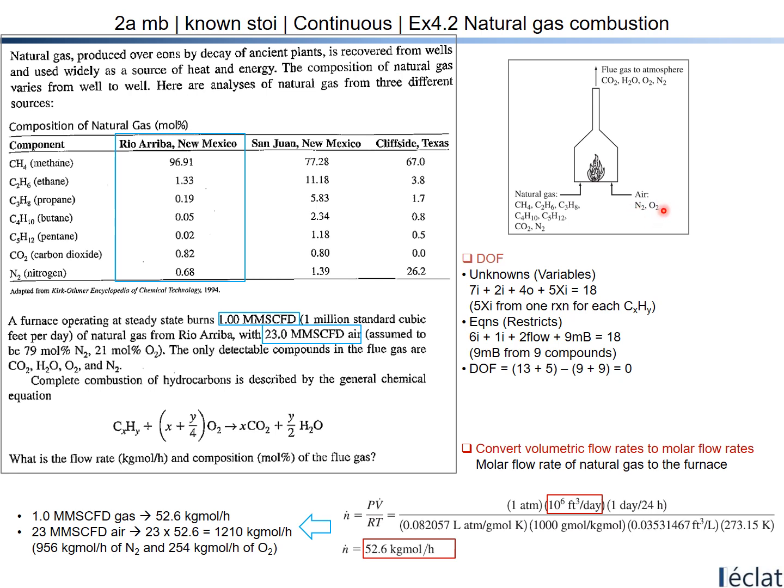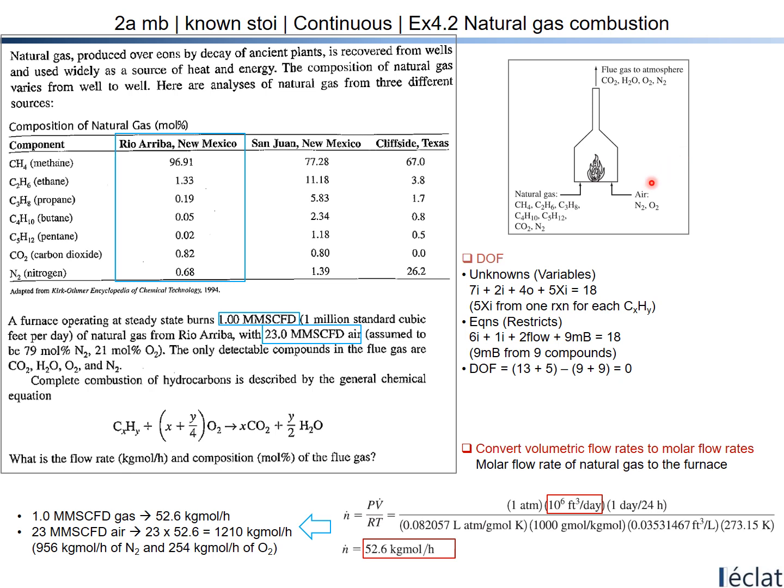We have 2 composition values, 79 mole percent nitrogen and 21 mole percent oxygen, however only 1 value is independent. So 1 input. Plus, we have 2 flow rates, 1 mmSCFD for stream 1 and 23 mmSCFD for stream 2. So 2 flow pieces of information. Plus, we have 9 mole balance equations because 9 compounds are available in these systems.